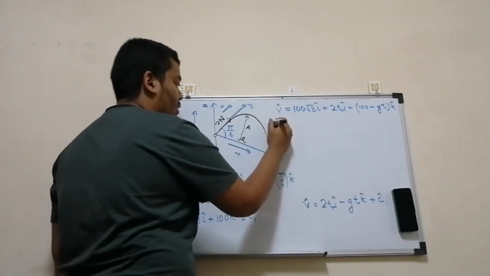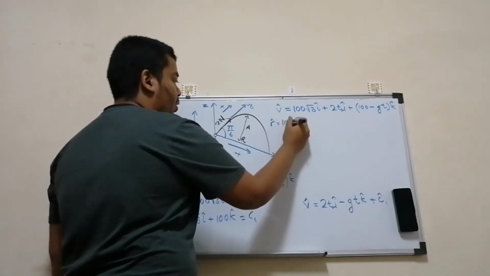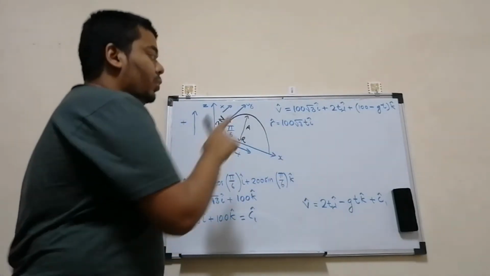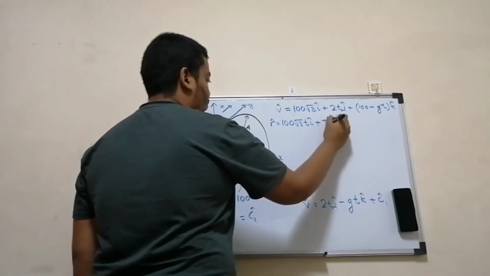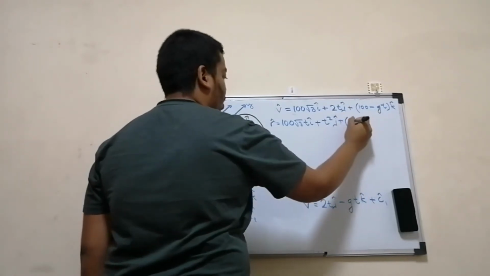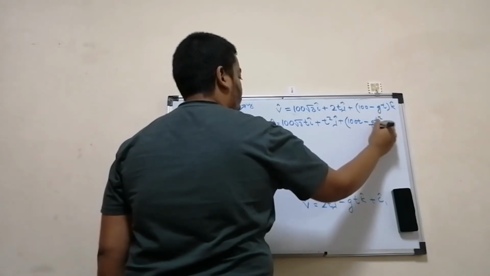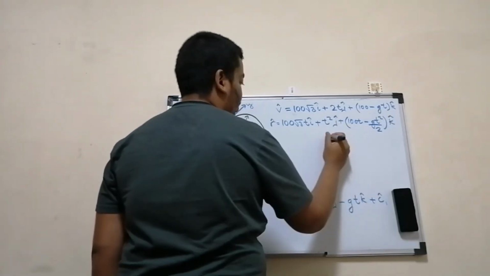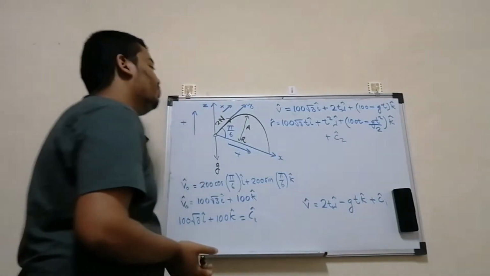So r, the position vector, if you integrate this, becomes 100 square root 3ti plus, if you integrate 2t, it becomes t square j, plus 100 t minus gt square upon 2 k. And then obviously we will have a constant vector c2. We do not know what c2 is.